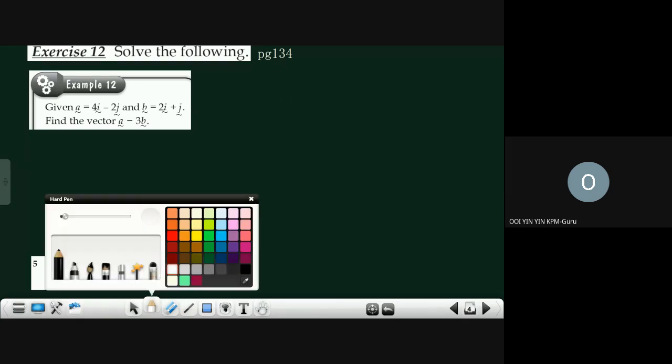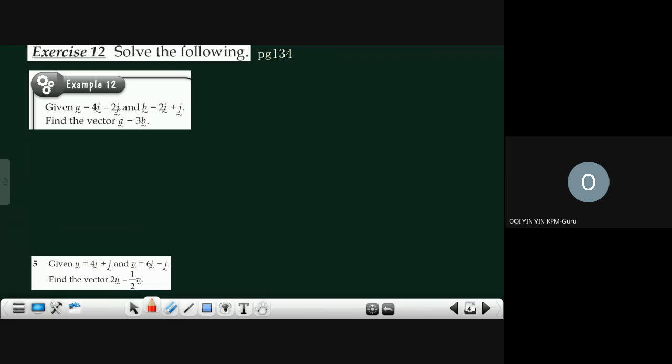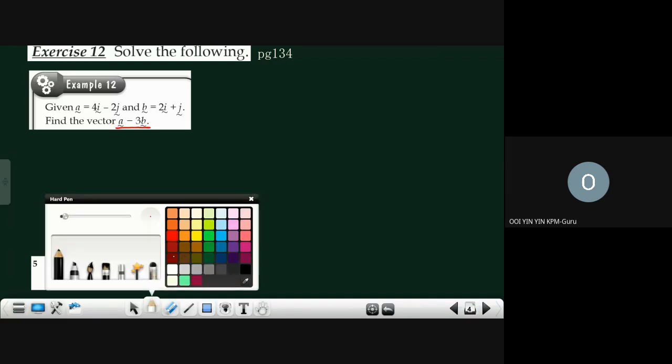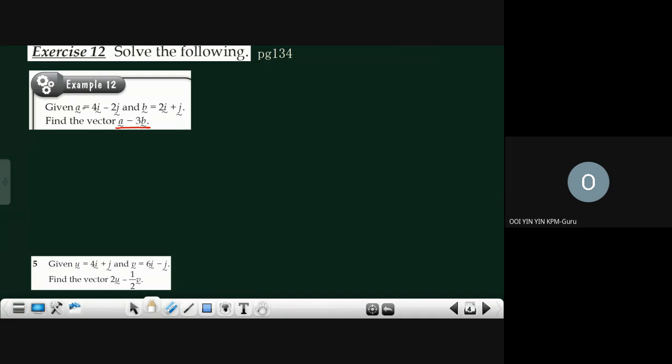They give you vector A equals 4i minus 2j and vector B is 2i plus j. Find vector A minus 3B. This one is very easy. Vector A is already given, so we substitute vector A, which is 4i minus 2j.